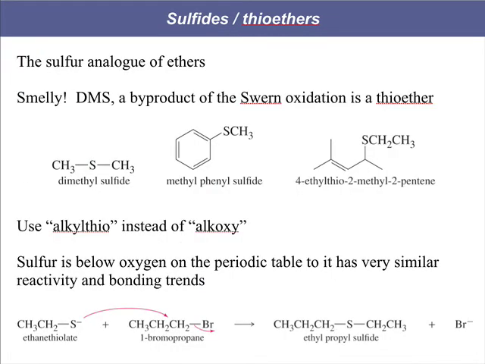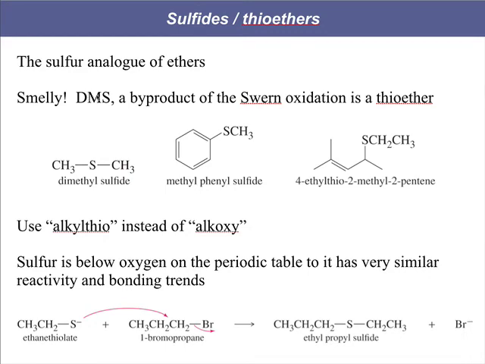The sulfur analogs to ethers are called sulfides or thioethers. We'll see a lot in chemistry. Thio means sulfur. So thioethers are sulfur analogs of ethers. They're also called sulfides sometimes. These are smelly compounds.